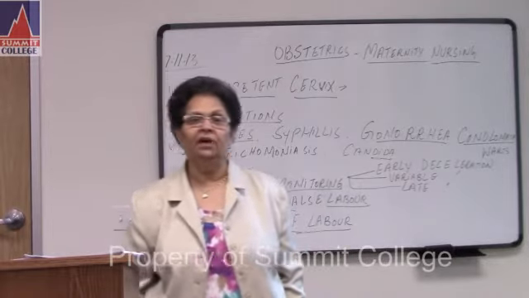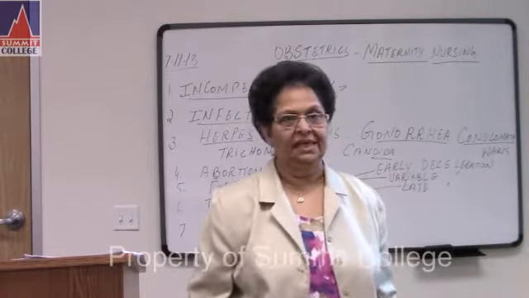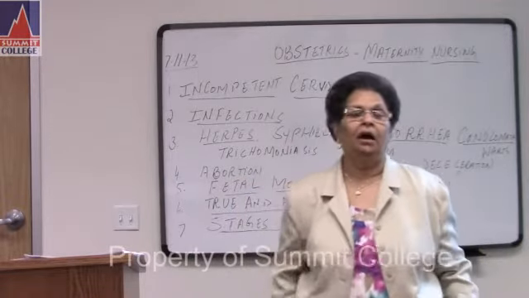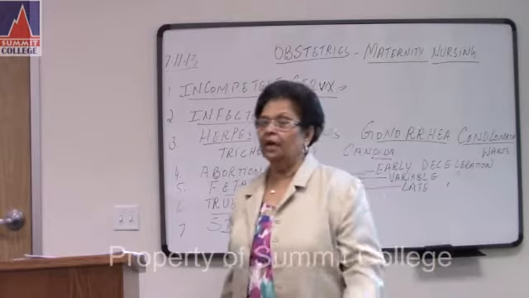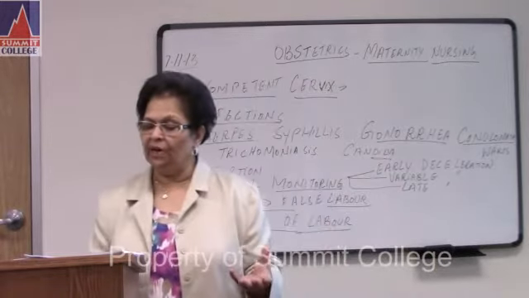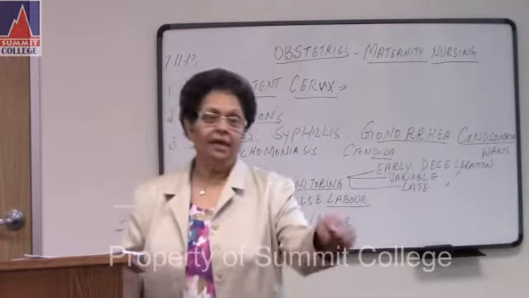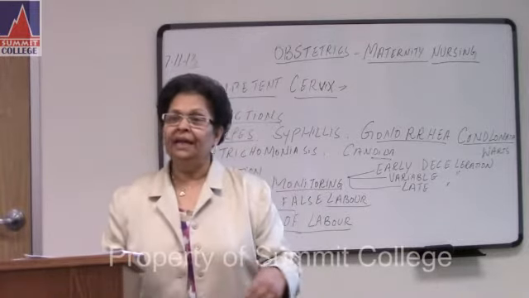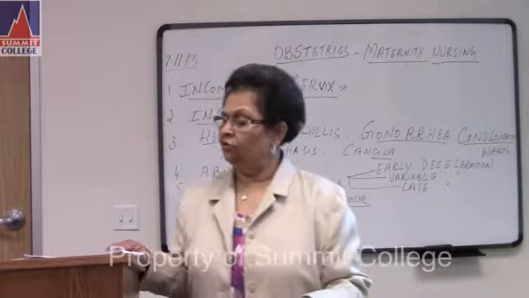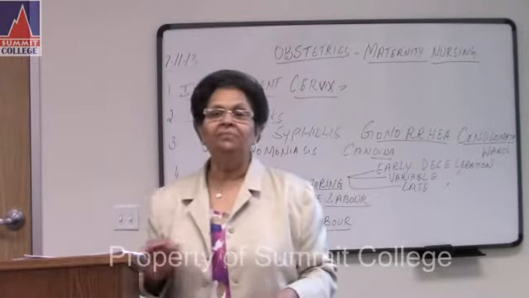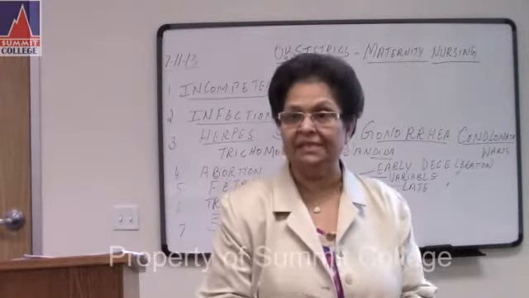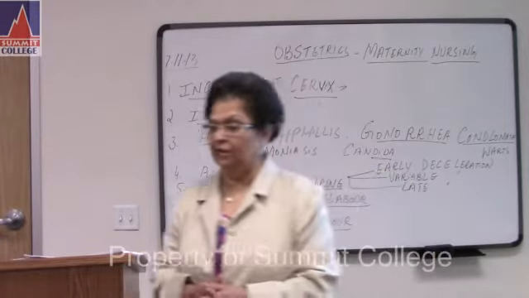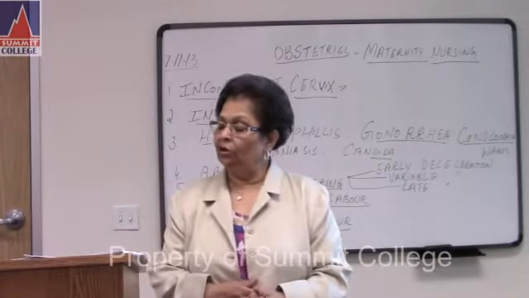A very important word is tocolysis. Tocolytic medication. What are tocolytic medications? They reduce the contractions. Tocolytic is relaxing and inhibiting the uterine contractions. Such medications in tocolysis include, underline the word ritodrine, one of the medications.